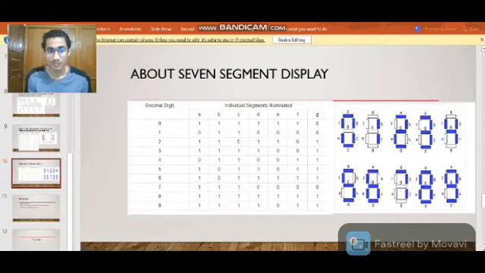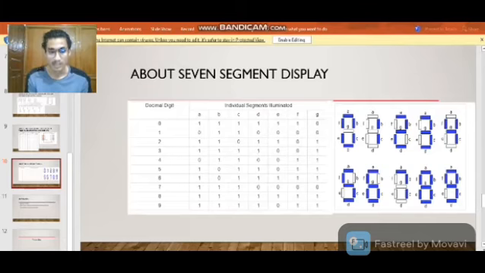For decimal number 1, B and C are on, so it is 1, and A, D, E, F, G are 0.